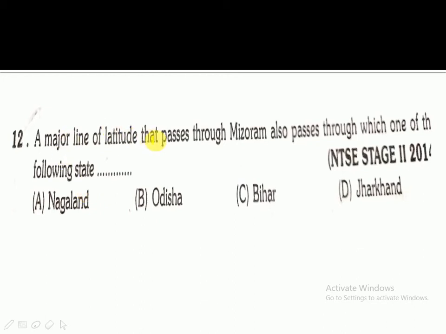So the major latitude running from east to west, or in horizontal direction, through Mizoram is very clear. There is only one latitude, that is the Tropic of Cancer. So which is the other state through which it passes? It is Jharkhand. You see, again you find one more question from the Tropic of Cancer.